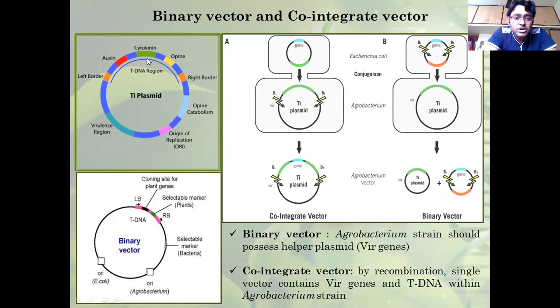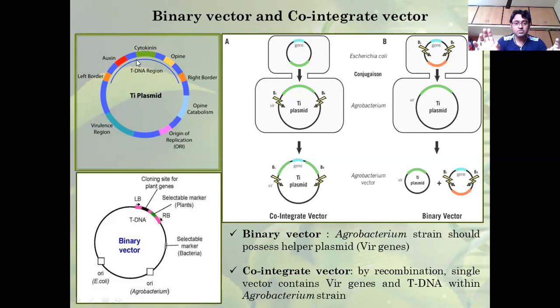But that should not be our criterion because we want to overexpress, or we want to express our gene. That means our expression cassette should be there. So instead of the cytokinin or auxin biosynthesis genes, if we can place our expression cassette, then it will be better. It can be adapted.